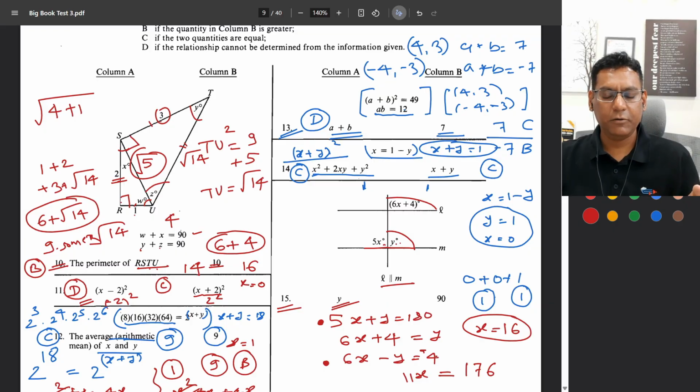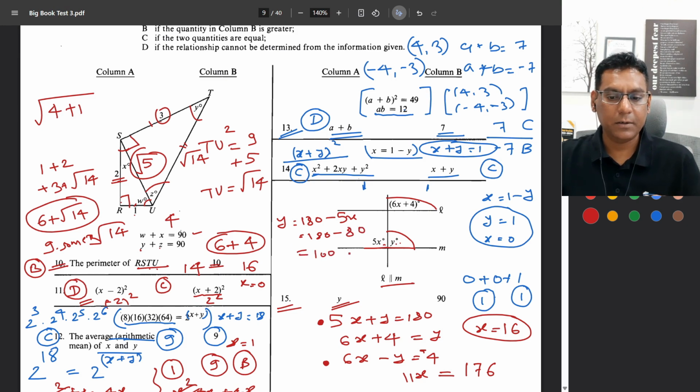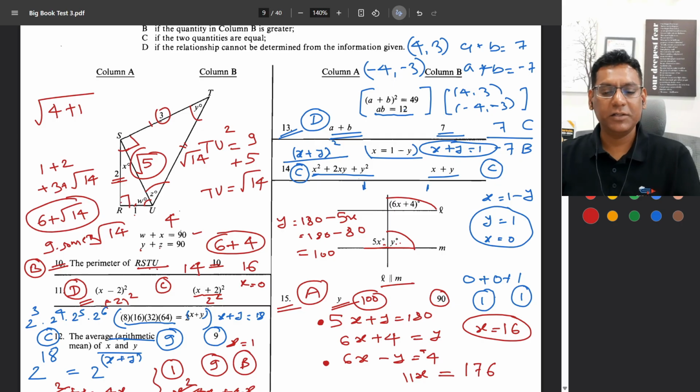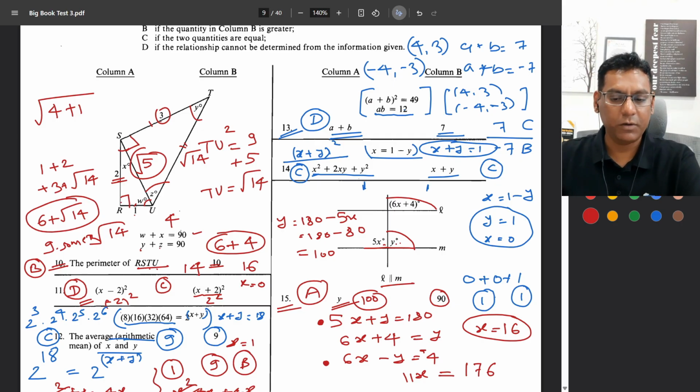So let's find out y. 5x plus y is equal to 180, right? So y would be 180 minus 5x. So that would be 180 minus 80, right? So y is going to be 100. I have to compare that with 90. Answer choice A. This requires a little bit of calculation, but again, the calculation is pretty straightforward.